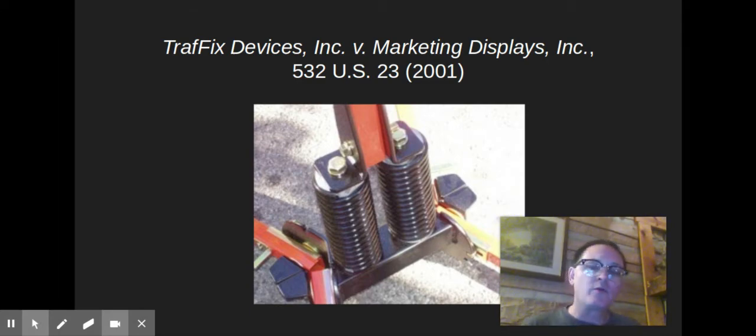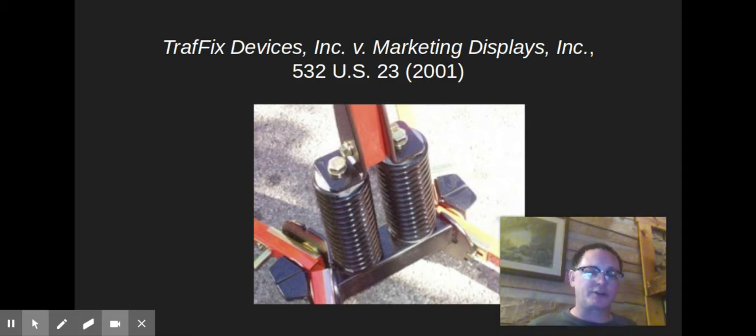Yes, MDI, we understand that, you have an argument that there's more than one way to accomplish this goal, right? So your argument is, look, this isn't the only way of making a sign that doesn't fall over. There are other alternatives. You could use more springs. You could use springs in a different configuration.